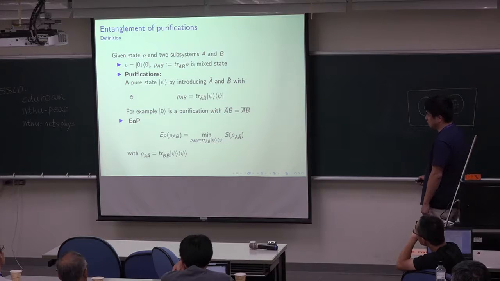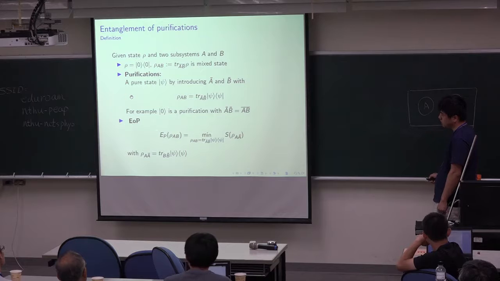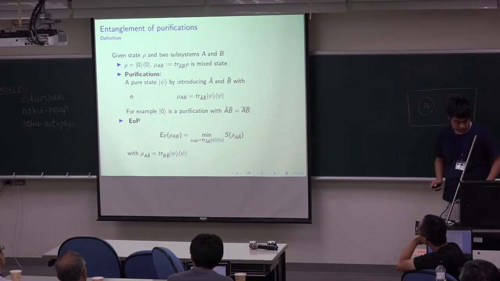The entanglement purification is defined as follows. I consider the von Neumann entropy, or entanglement entropy, of A A2. The A A2 is defined by choosing the part B B2 of this pure state, and we choose the minimal one of these, and then define the entanglement purification.